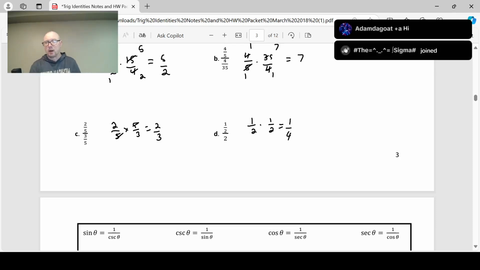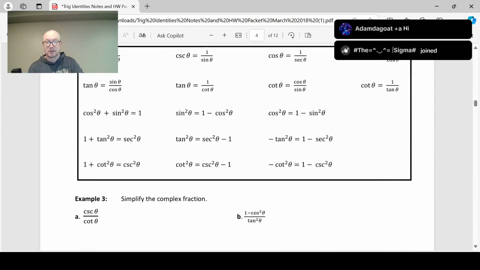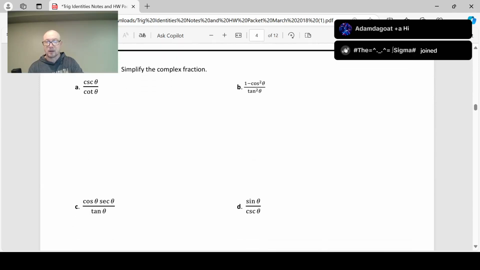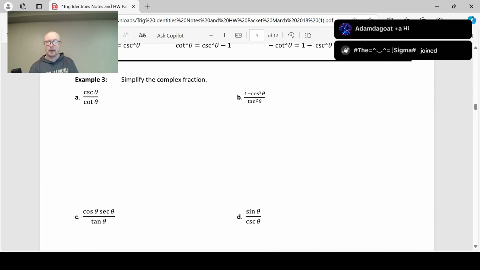So why are we doing that? Well, we're doing that because you're going to use that in the next section. Right? We're going to get some complex fractions that we have to simplify. So for example, in 3a, we have cosecant theta divided by cotangent theta. So what we need to do is, again, replace the top with its reciprocal identity. So we would get 1 over sine theta, and the denominator is the cotangent, which is cosine theta divided by sine theta.